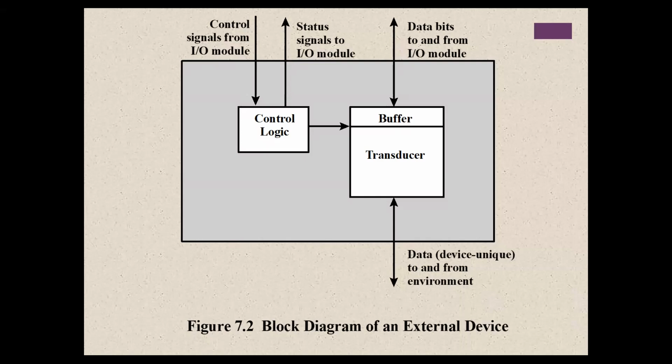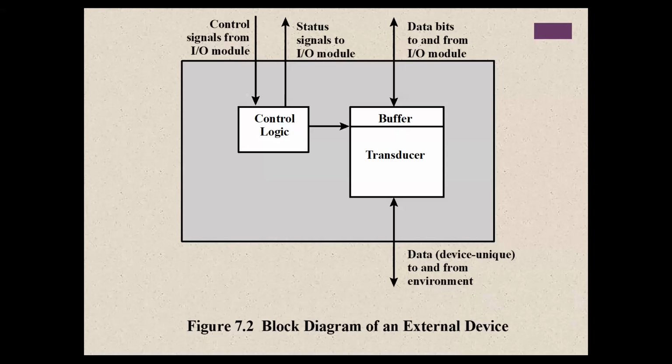It can also report status or perform some control function particular to the device, for example, to position a disk head. Data are in the form of a set of bits to be sent to or received from the I/O module. The status signal indicates the state of the device. Typical examples are ready or not ready, to show whether the device is ready for data transfer or not.